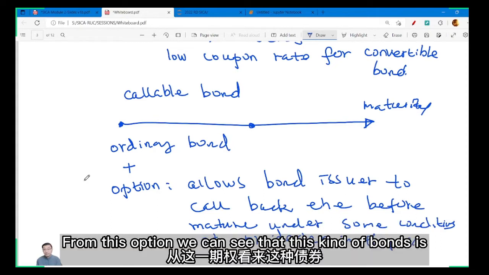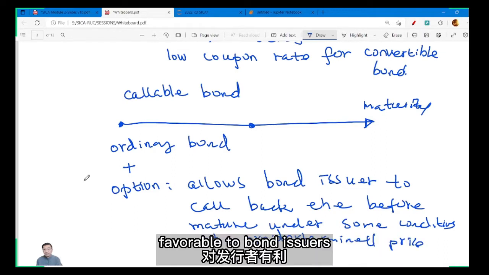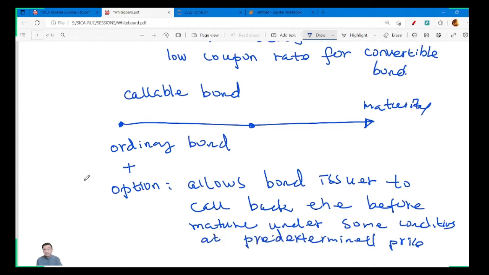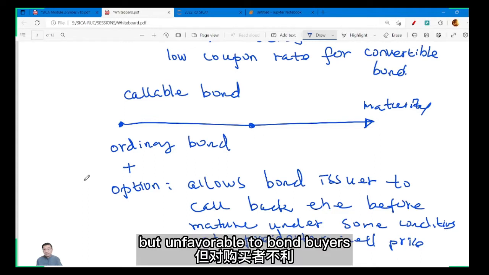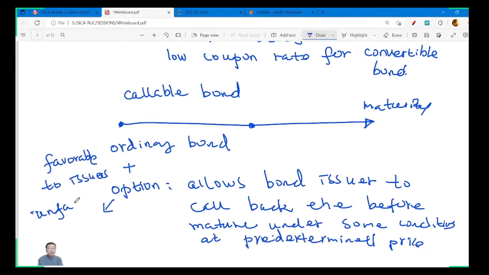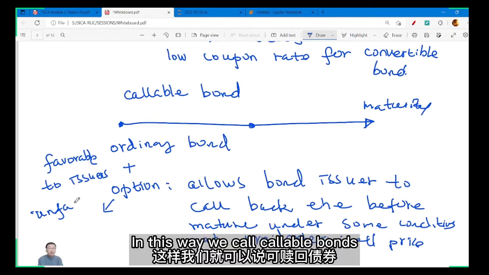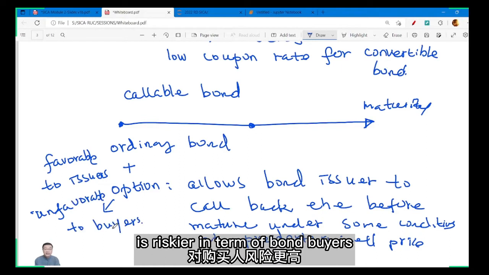From this option, we can see that this kind of bond is favorable to bond issuers, but unfavorable to bond buyers. In this way, we say callable bonds are riskier in terms of bond buyers.